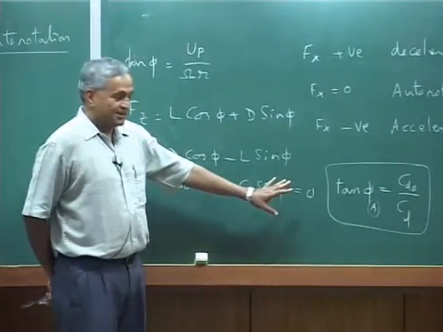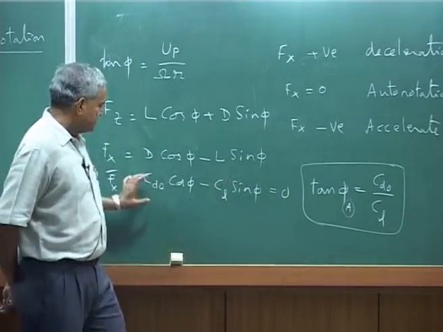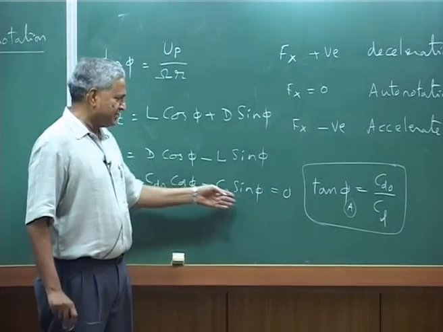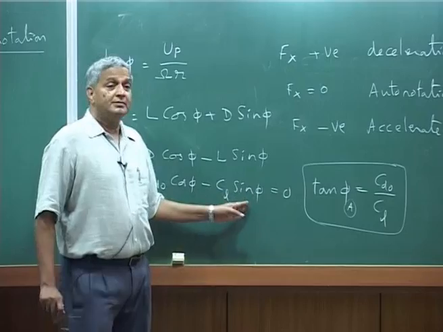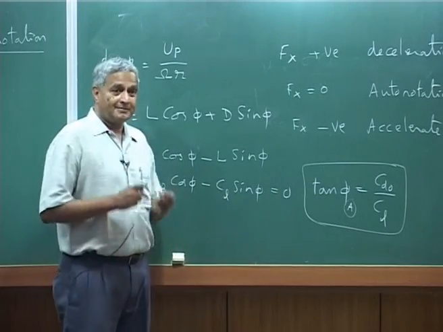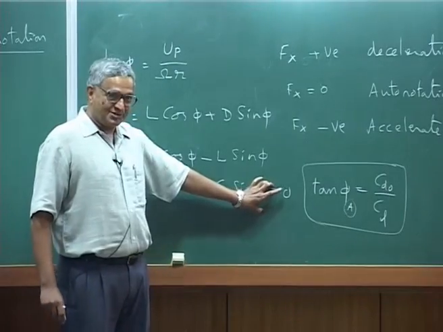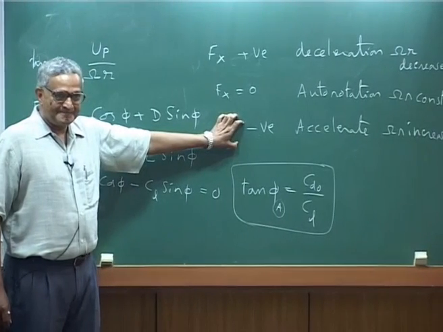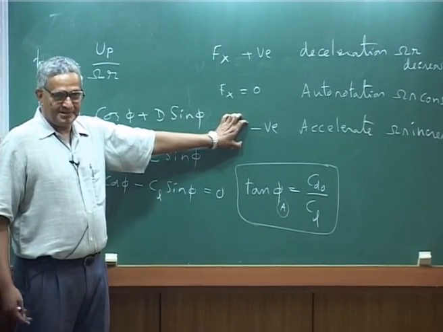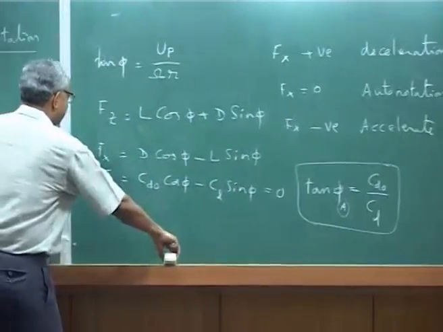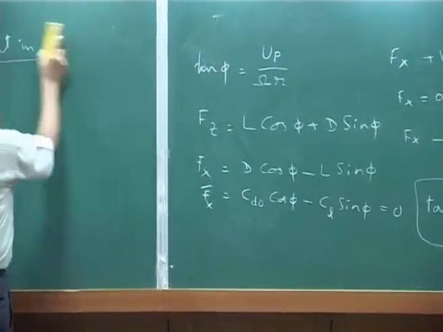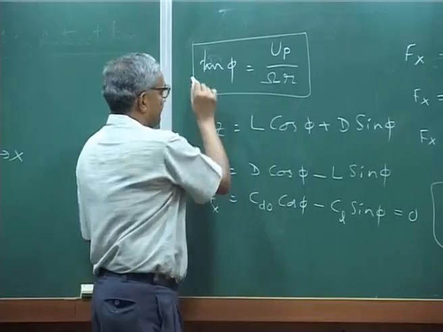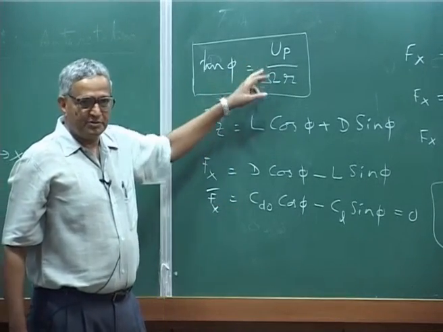Okay. Now, you see, if this is greater than 0, or this quantity is less than 0, they correspond to these 3 conditions, right? Yes or no? Now, you see, this is always valid, tan phi is up over omega r.